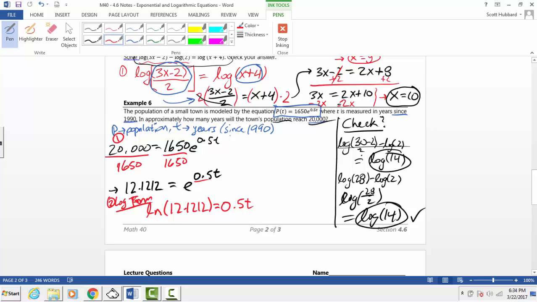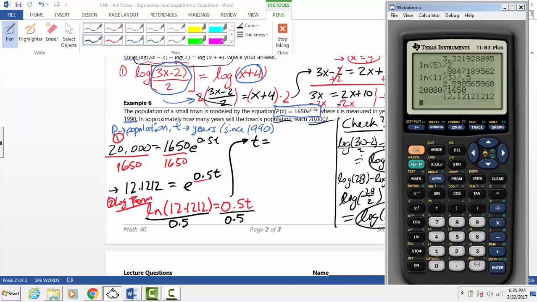Okay, and then step 3 is you just go ahead and isolate the variable. Do all your algebra. So it's divide by 0.5, divide by 0.5, and you get roughly 24.24.